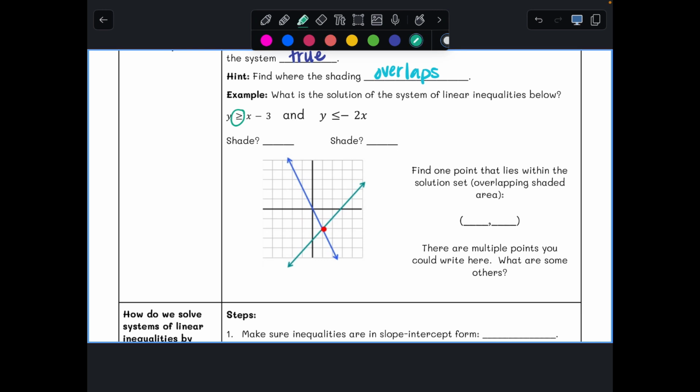So we're shading above that line. The other line that's plotted there is y is less than or equal to negative 2x. So that's the blue line, and we just need to shade below the line because y is less than or equal to.